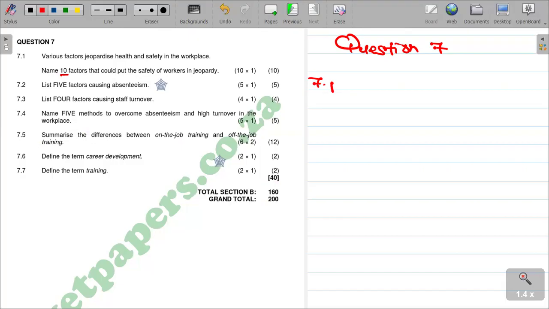Right. So sometimes absence of protective devices can also jeopardize the health of the employees.